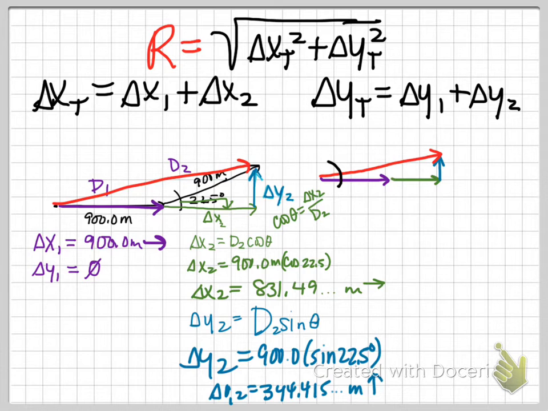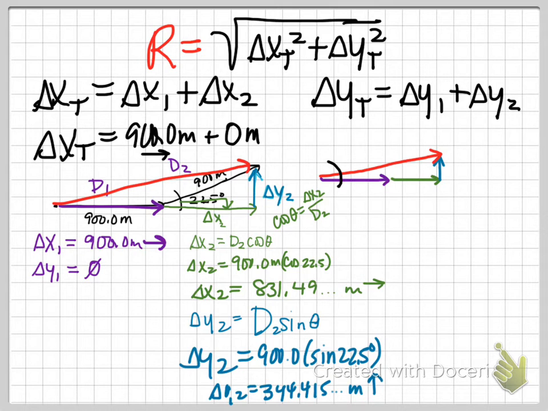So now let's actually go back to where we started and get our delta x total, delta y total. Well, delta x total is easy. Delta x total equals 900.0 meters that away plus 0 meters. Oh, gosh, no. Whoops. Plus 831.49 blah, blah, blah meters also that away.